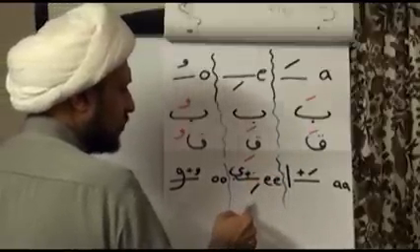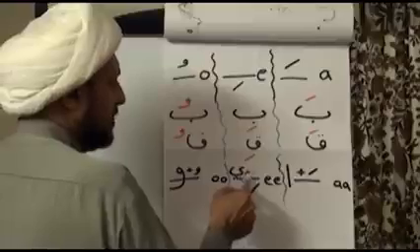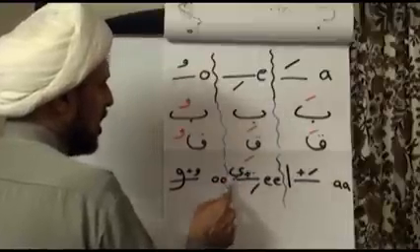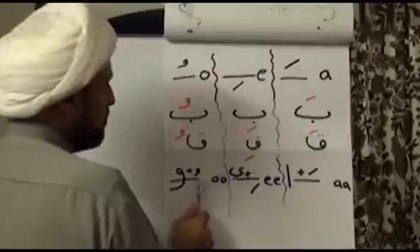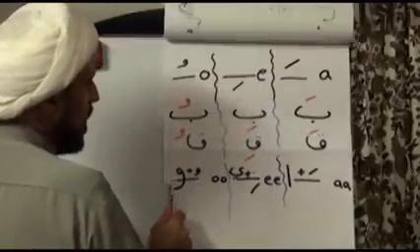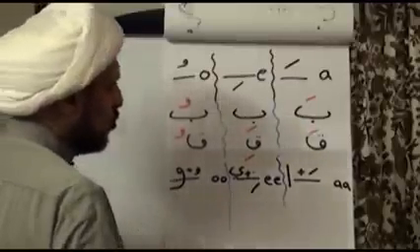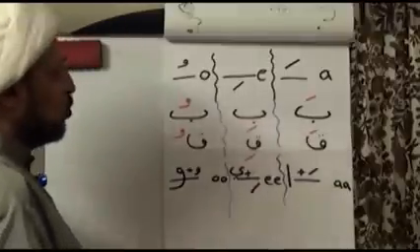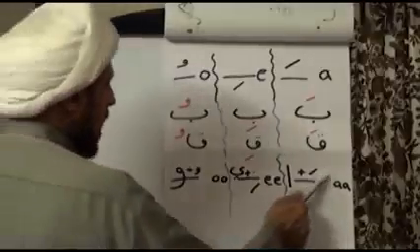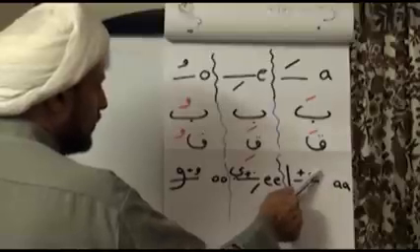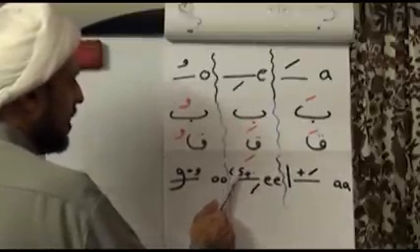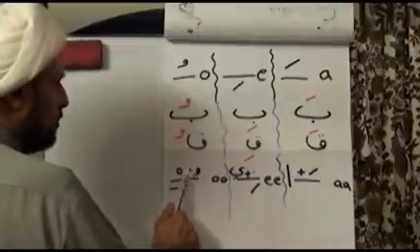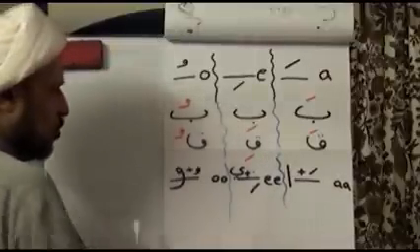Letter has kasra, e sound, and then immediately after it, it's ya, ee. And then dhamma on the letter plus waw, immediately it has oo. So it makes an oo sound. So aa, ee, oo.